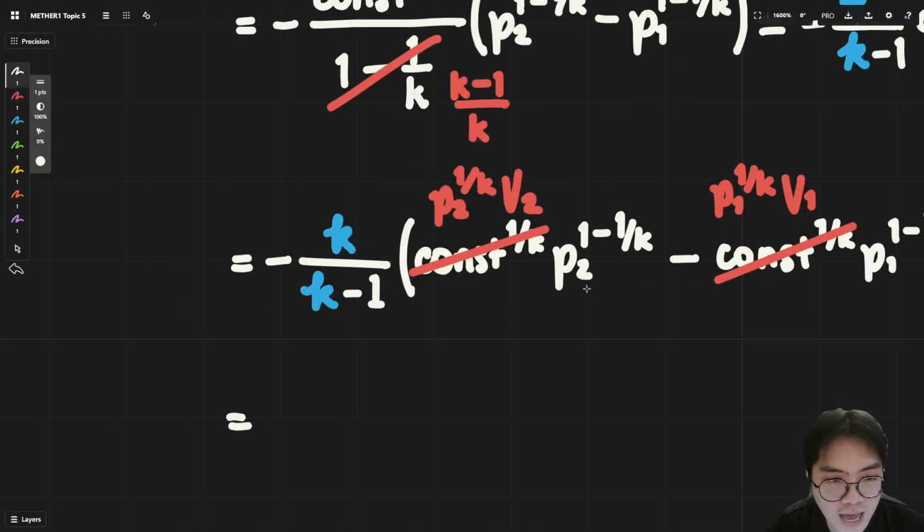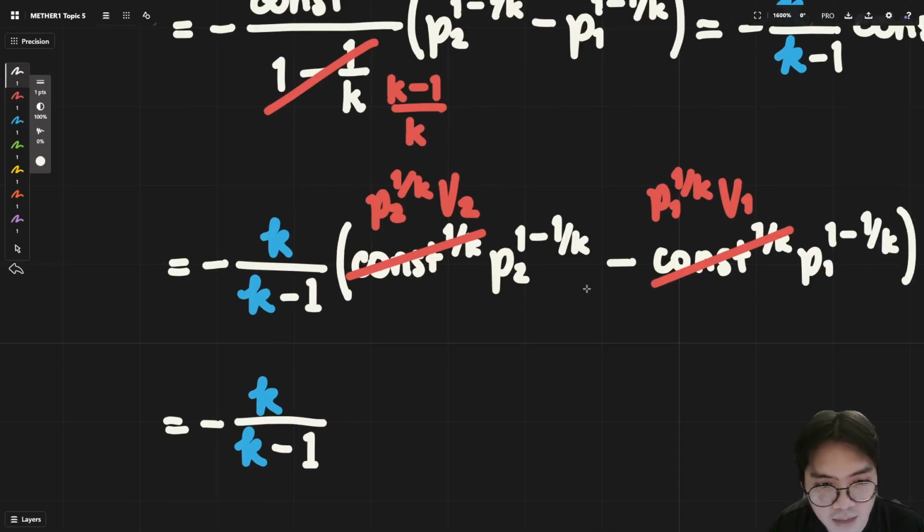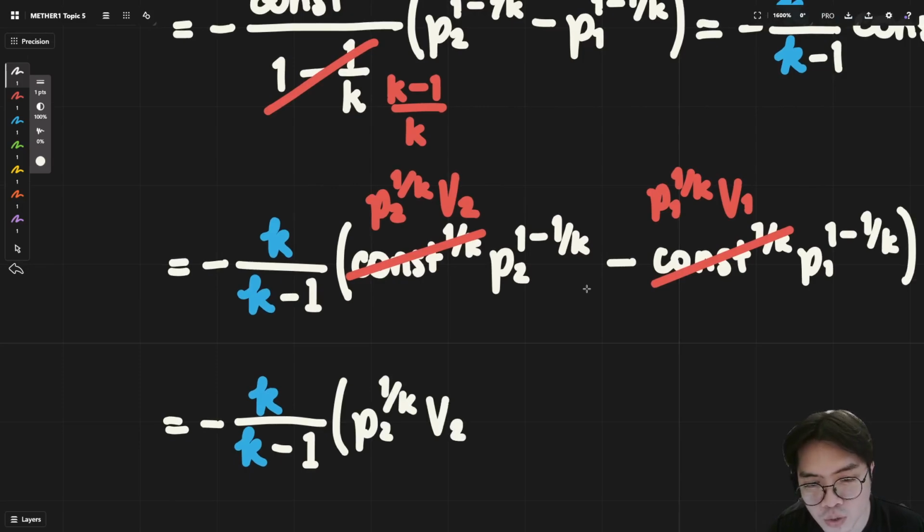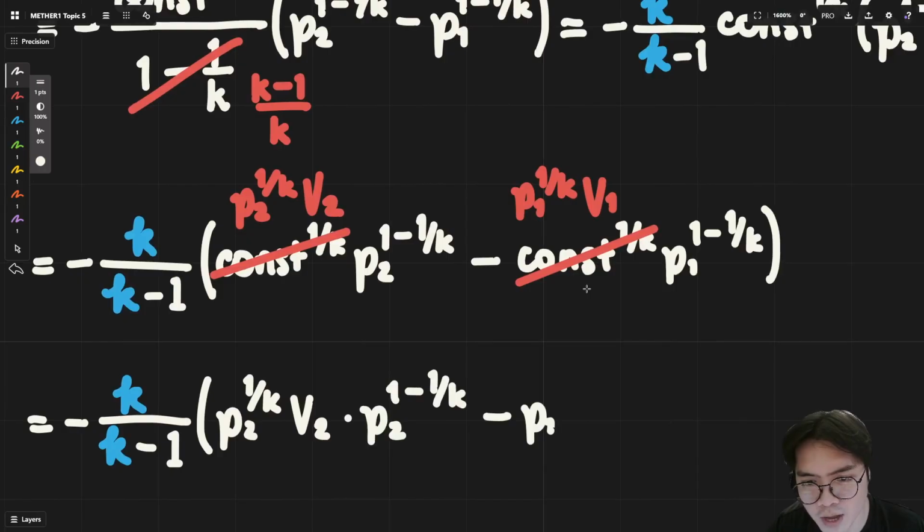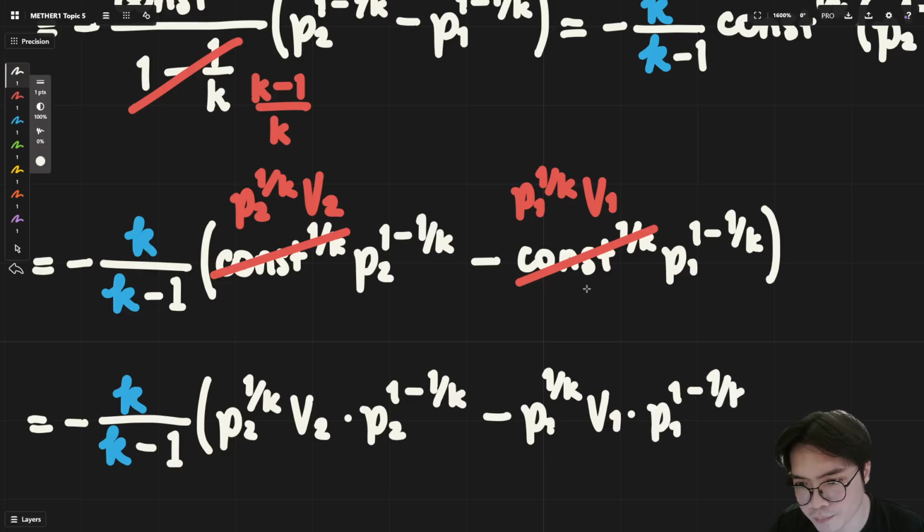Now what will happen? We will get negative k over k minus 1 times, notice what happens, P2 raised to 1 over k times v2 times P2 raised to 1 minus 1 over k, minus P1 raised to 1 over k times v1 times P1 raised to 1 minus 1 over k.